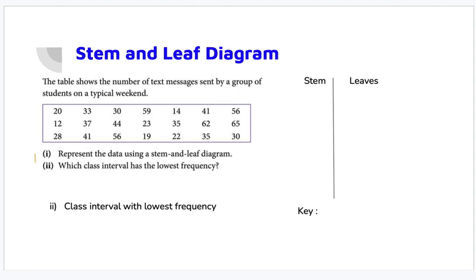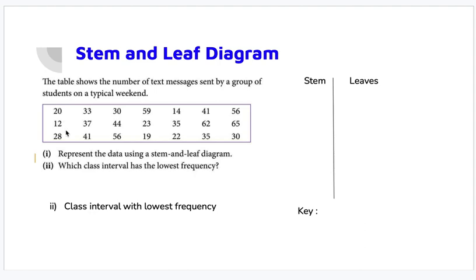The next type of diagram is called the stem and leaf diagram. Again, we are drawing it from a raw data set. Once again, before we begin, we will have to take a look at the range, that is the lowest value and the highest value. Lowest value being 12, the highest value being 65.